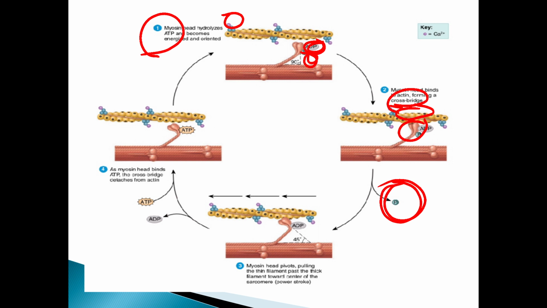Once this happens, ADP is released and the myosin head detaches from the actin filament and is ready for the next cycle. So now another ATP molecule will bind. It will again undergo hydrolysis into ADP and a phosphate group, and then the cycle is repeated.